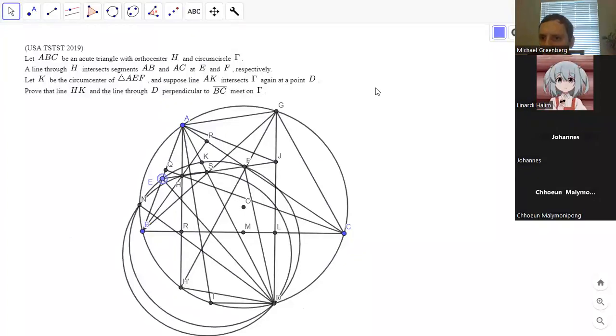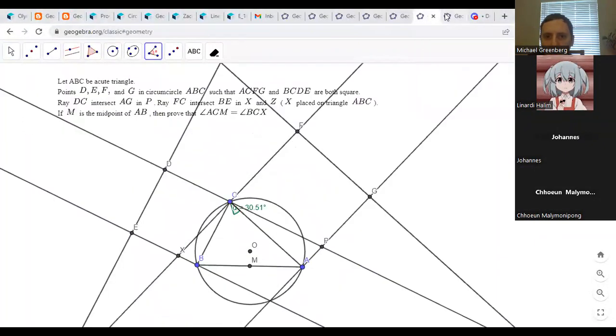Okay, so I'll try reading the translation one more time. ACFG and BCDE are squares. DC intersects AG at P, FC intersects BE at... See, I don't understand that.